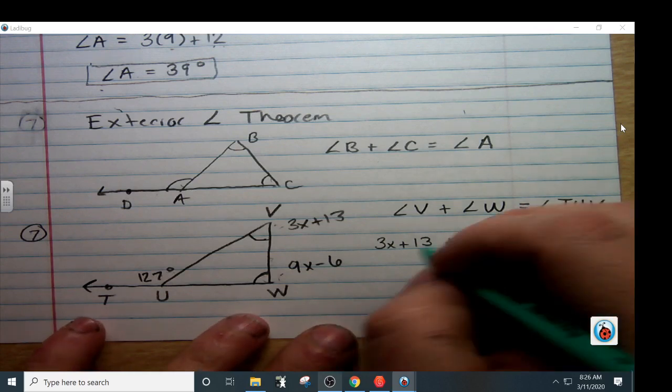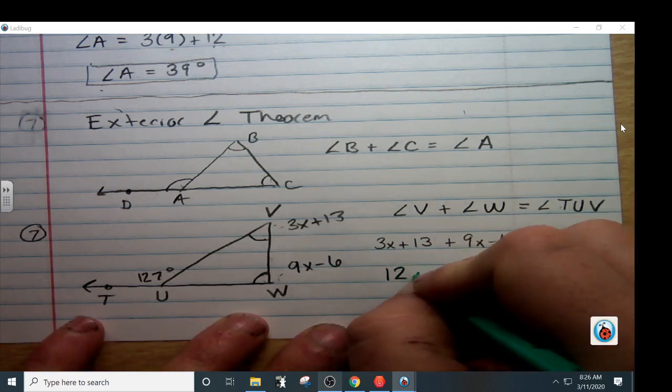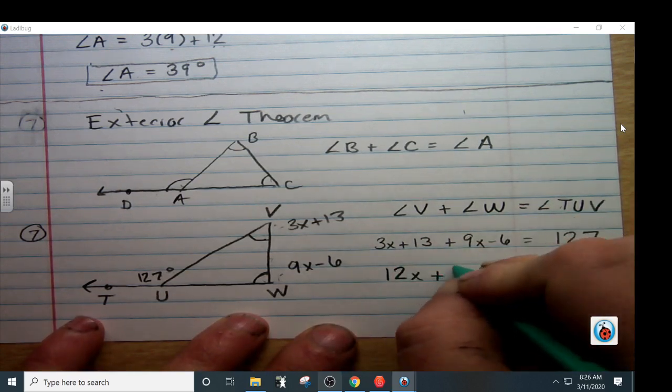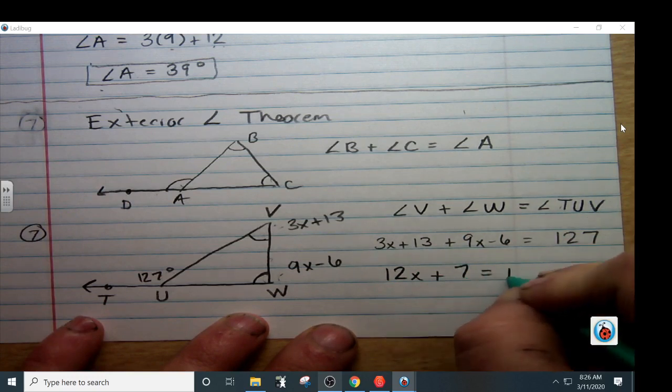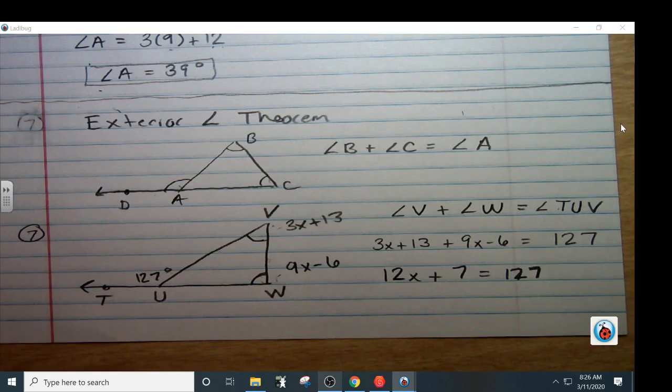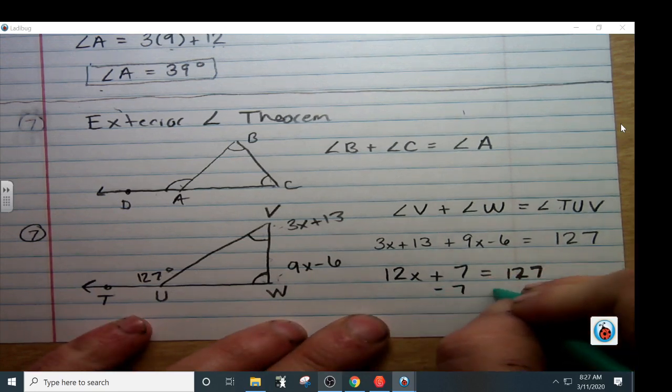All right, then we're going to combine our like terms. So there's 12x plus 7 equals 127. Then you want to subtract 7 from both sides.